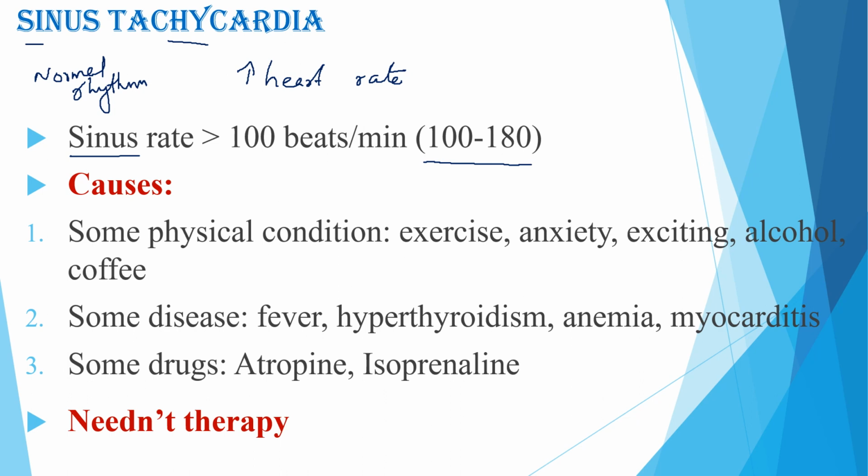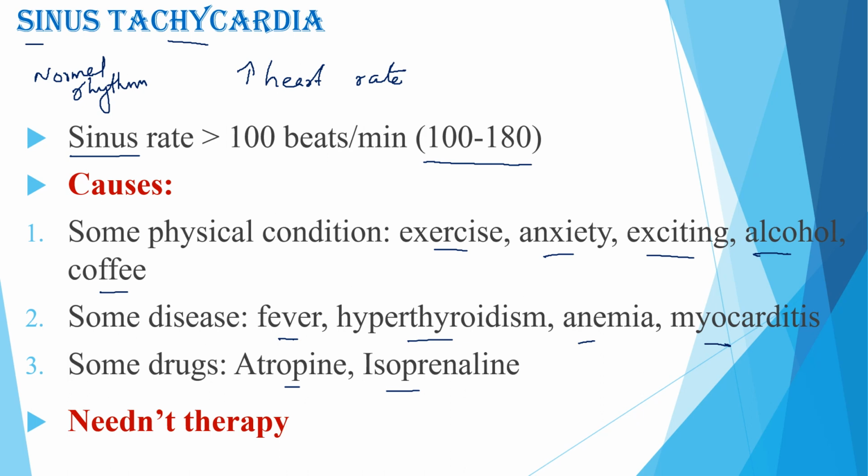The causes of sinus tachycardia are some physical conditions, that is exercise, anxiety, excitement, alcohol intake and coffee intake. And some diseases like fever, hyperthyroidism, anemia and myocarditis, and drugs like atropine and isoprenaline. How does exercise lead to tachycardia, or increased heart rate?